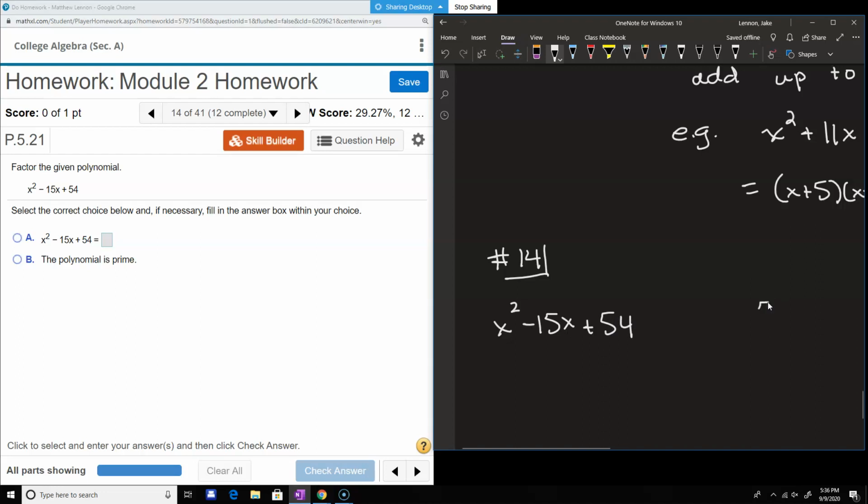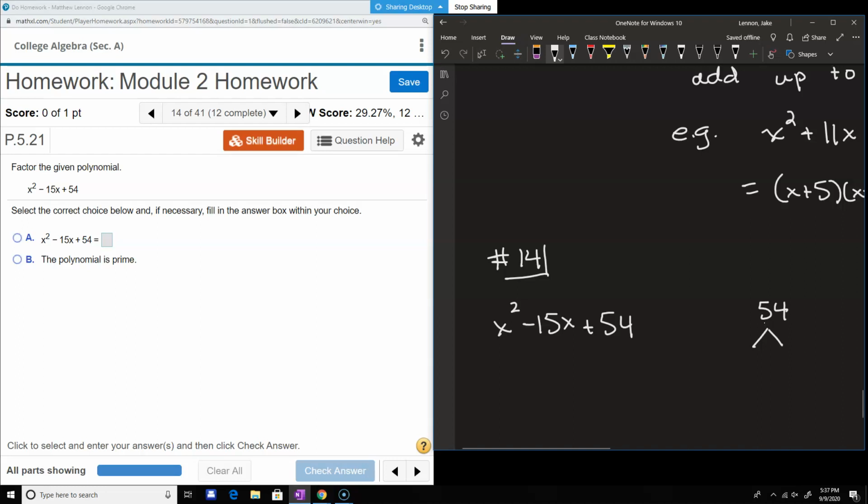So now we need two numbers that multiply to 54, but they add up to negative 15. So if they add up to a negative, but they multiply to a positive, that means both numbers actually have to be negative. Right? Because the only way to get a positive is a positive times a positive, or a negative times a negative. And if it were a positive times a positive, adding two positives will never give you a negative number. Does that make sense?